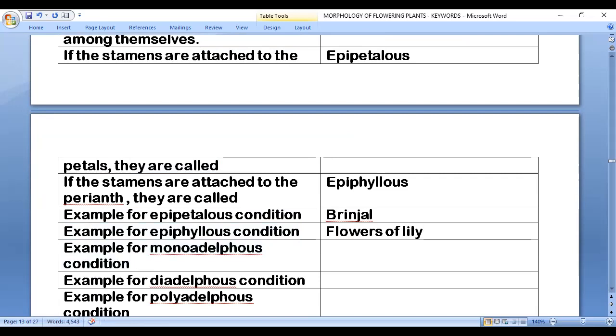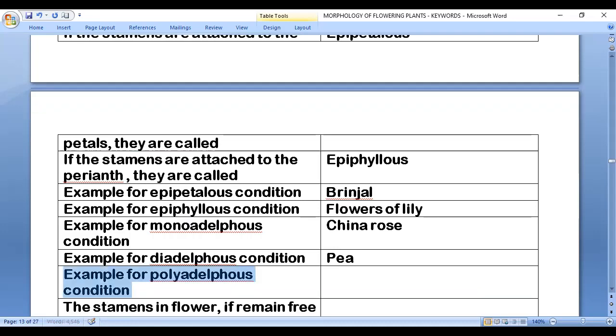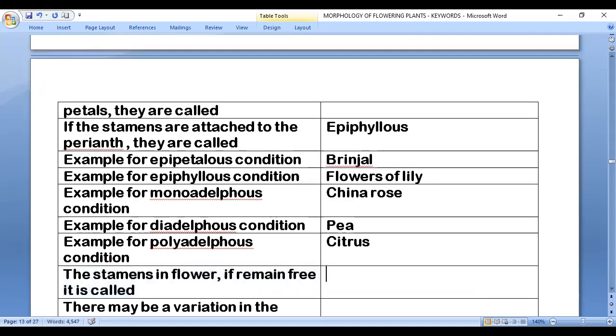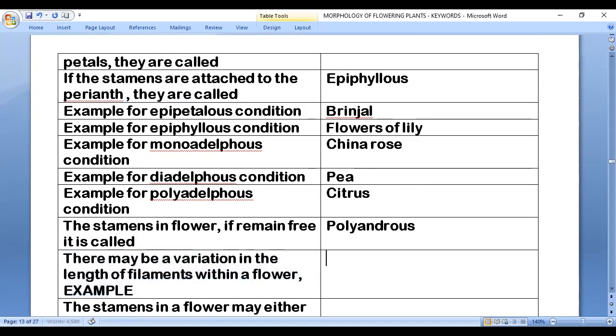Example for monoadelphous condition, China rose. Example for diadelphous condition, pea. Polyadelphous condition, citrus. The stamens in a flower, if they remain free, are called polyandrous.